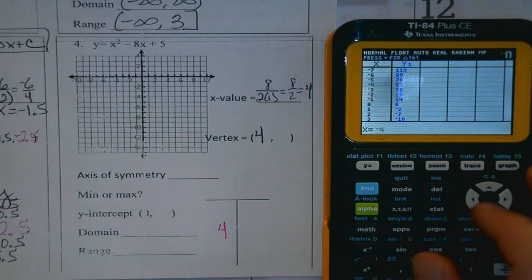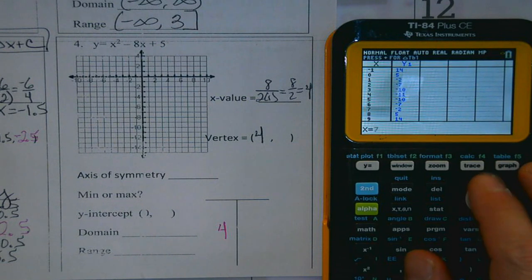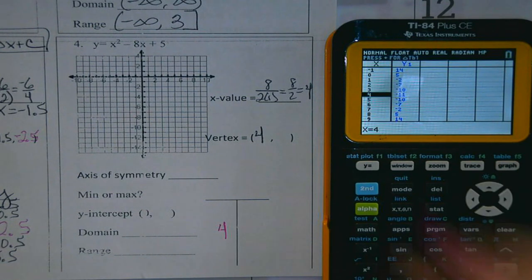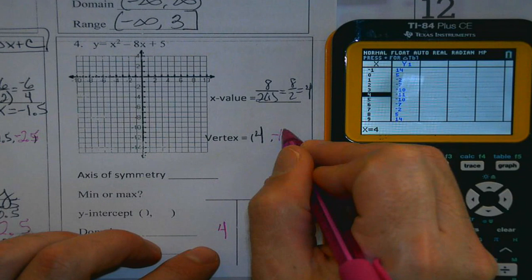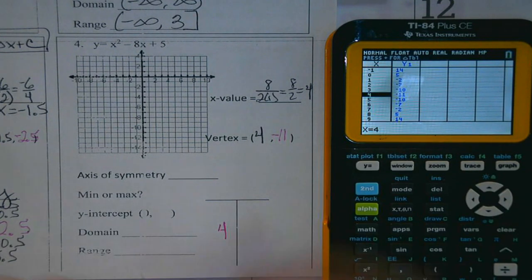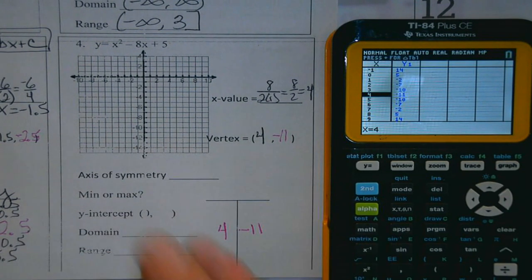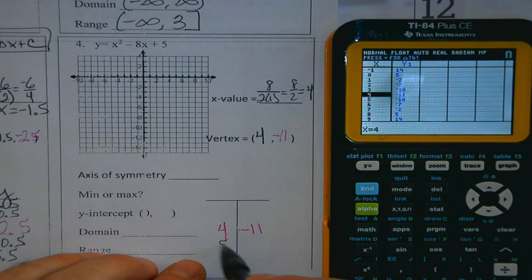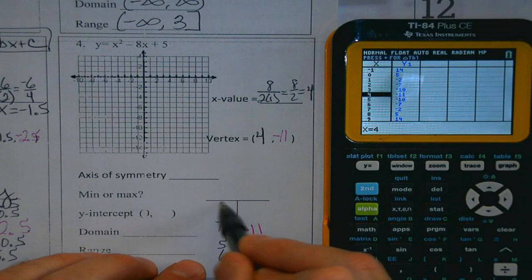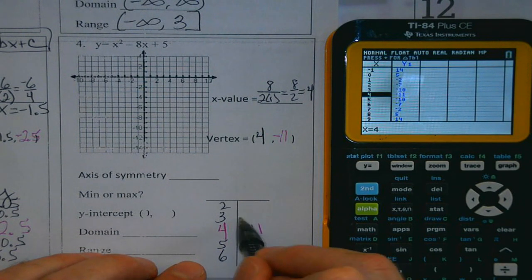So let's see. We need to get the 4 in the middle. So 4, negative 11 is my vertex. To play it safe, we want to fill in our chart anyway.